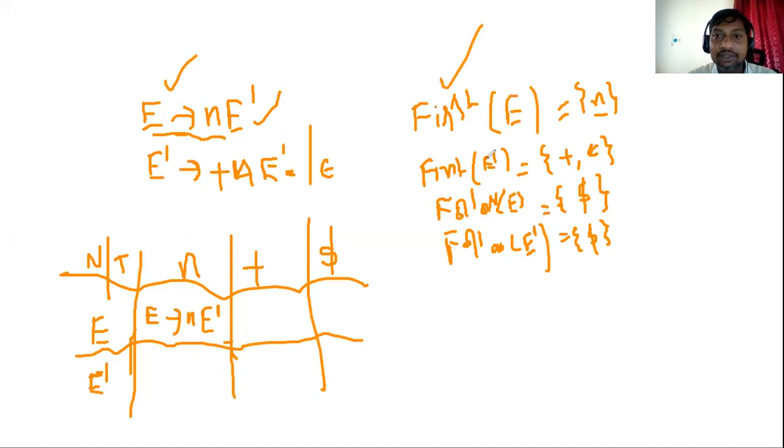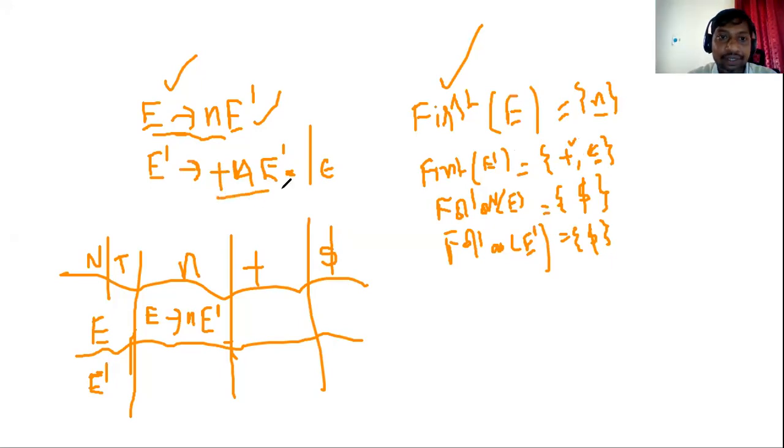Next, consider first of E'. Here you need to remember one thing. We need to add the rules corresponding to plus, but we cannot add the rules for the epsilon symbol. Whenever there is an epsilon in first of some non-terminal, we need to consider its follow sets. So first let me add the production rule corresponding to plus, E' with plus.